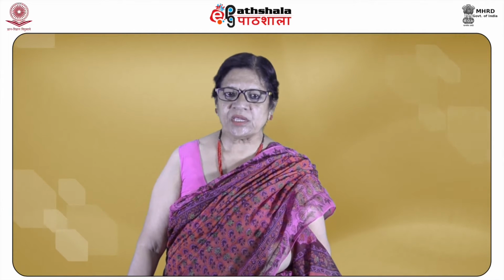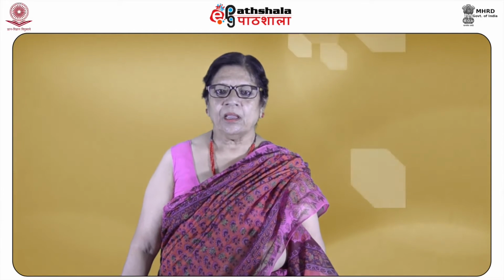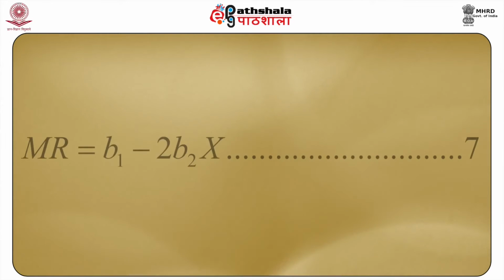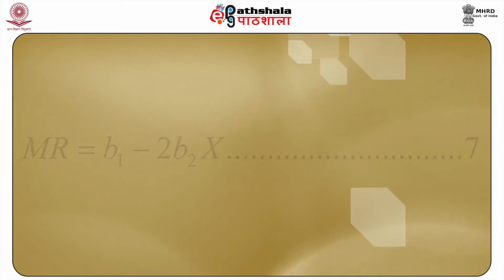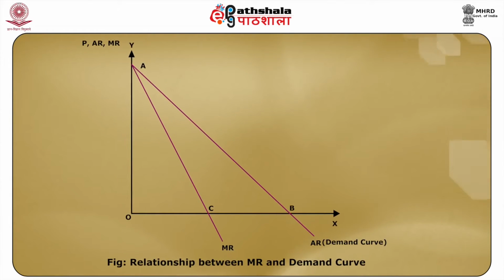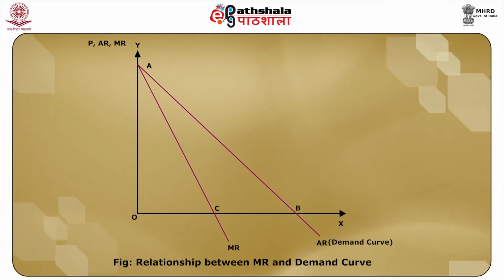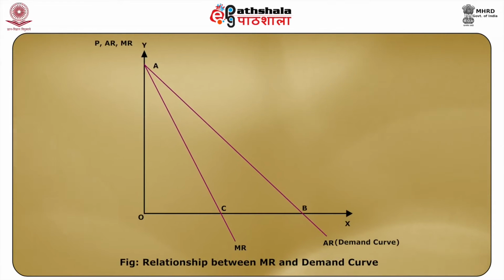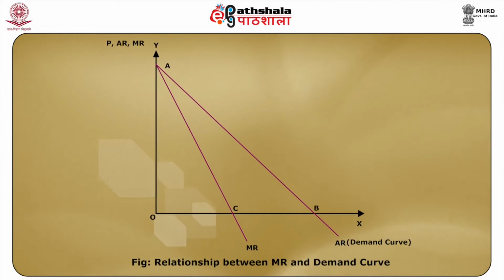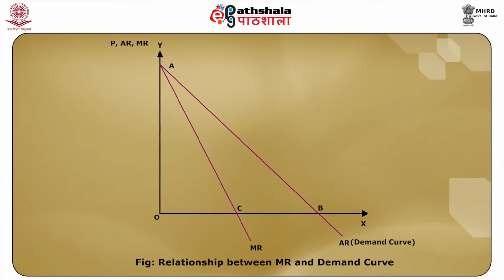Differentiating equation 6 with respect to X, we can write MR function as MR = B1 − 2B2X. The marginal revenue is a straight line having the same intercept as that of the demand curve, but its slope is twice the slope of demand curve as shown in figure.